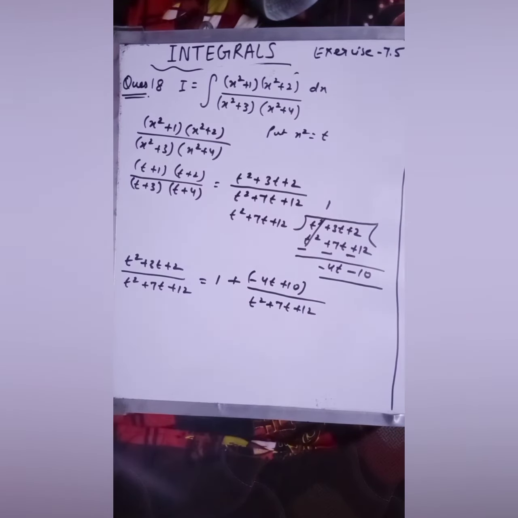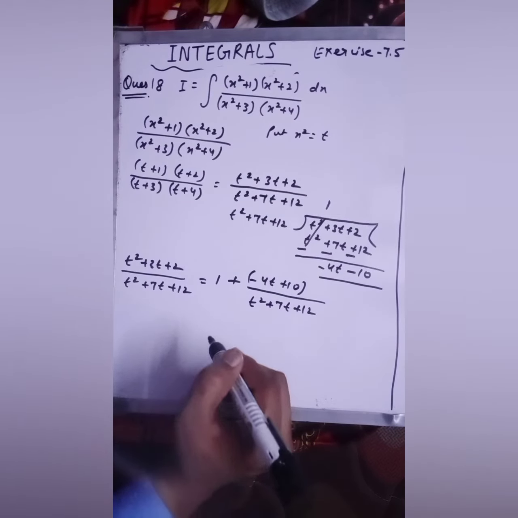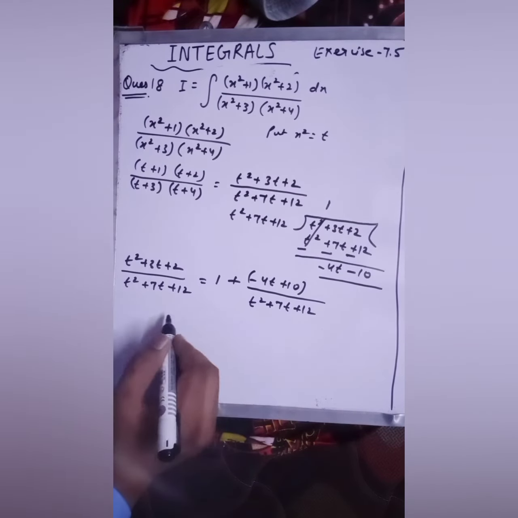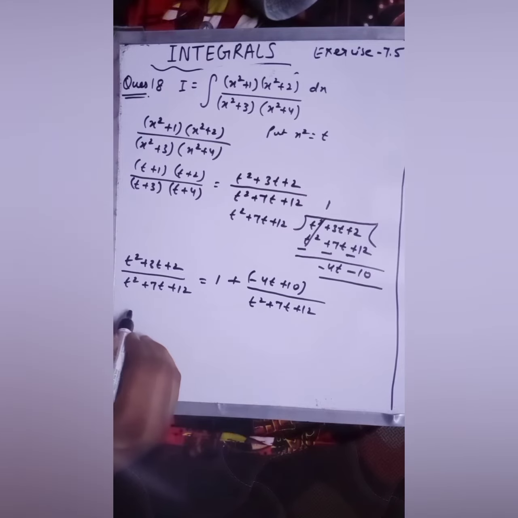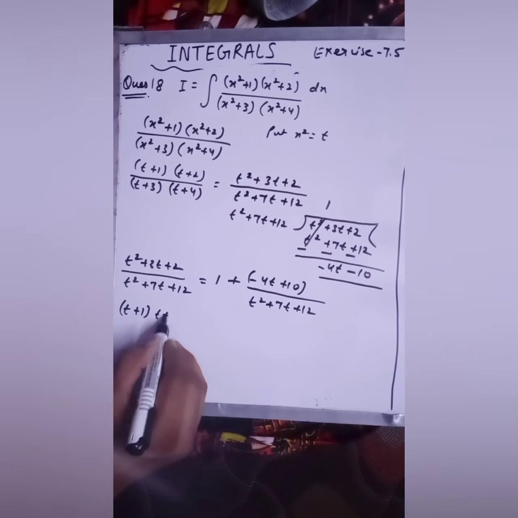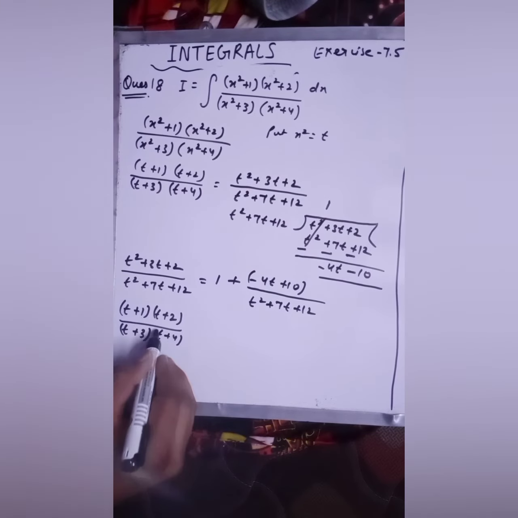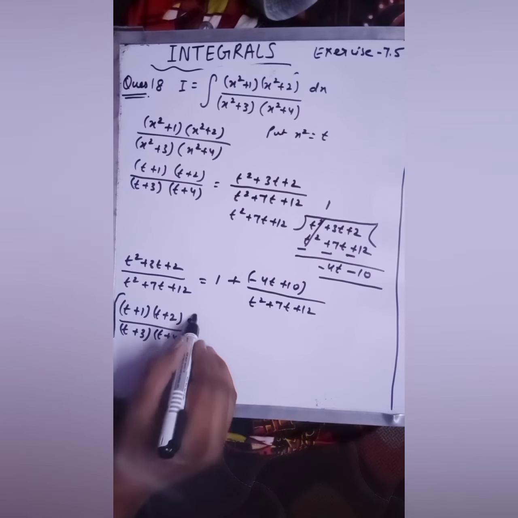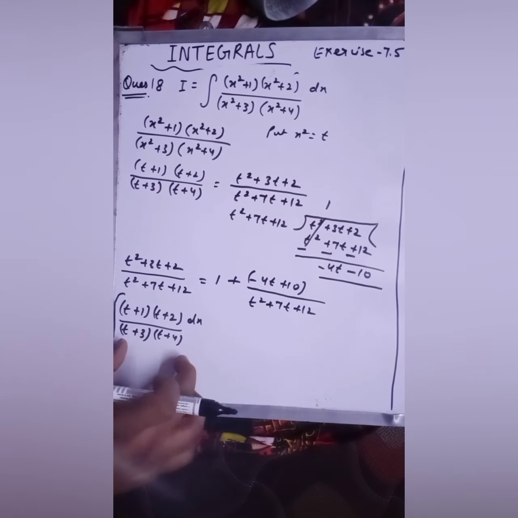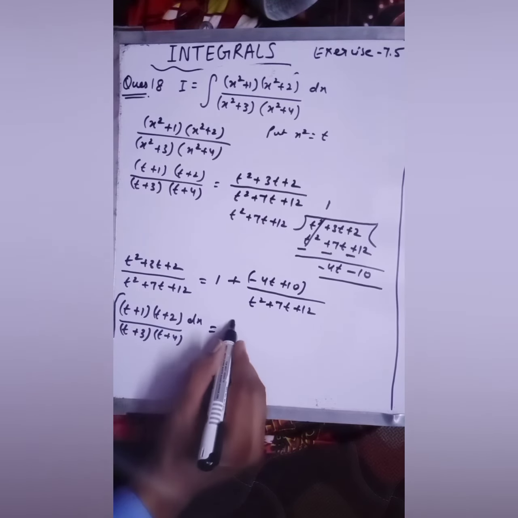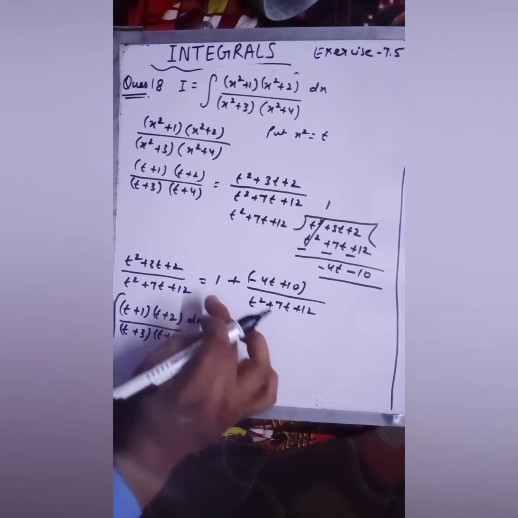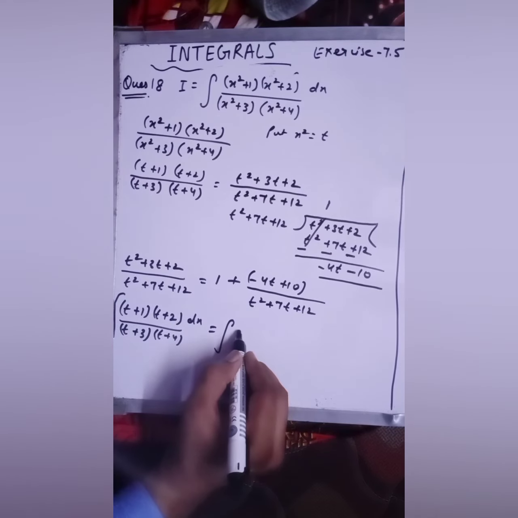Fine. After this step, we just have to write this like t plus 1, t plus 2, t plus 3, t plus 4 integral into dx, because this can be written as this, that is equals to integral 1.